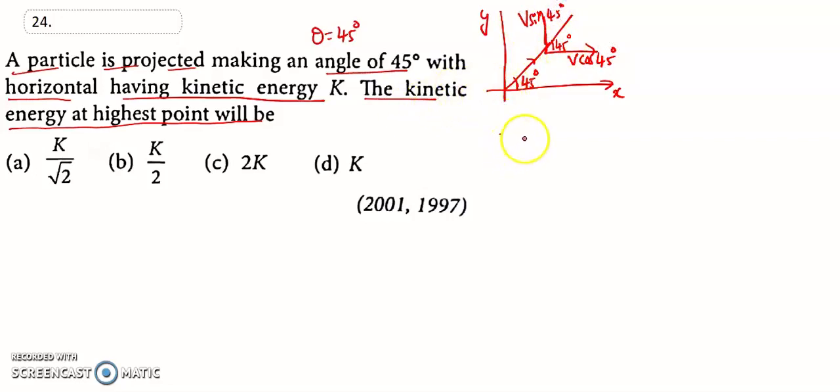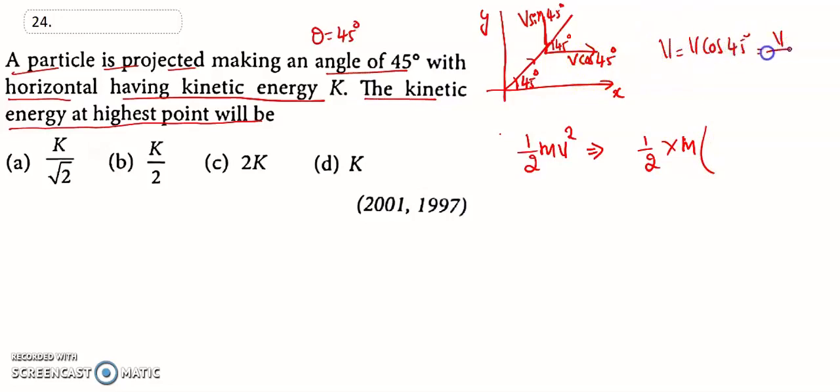Kinetic energy is equal to, what is the formula? Kinetic energy is equal to half mv square. So that is equal to 1 by 2, mass is m, so v square, where v is equal to v cos 45 degrees. Cos 45 is 1 by root 2.